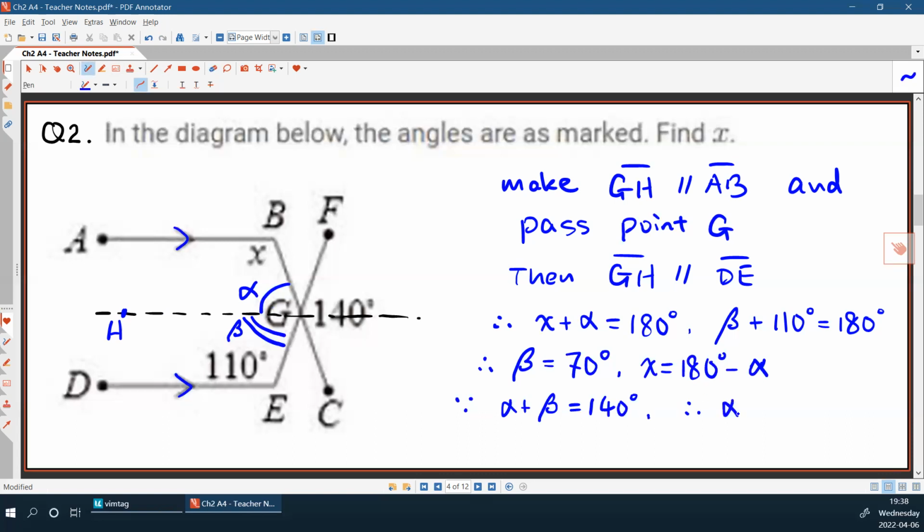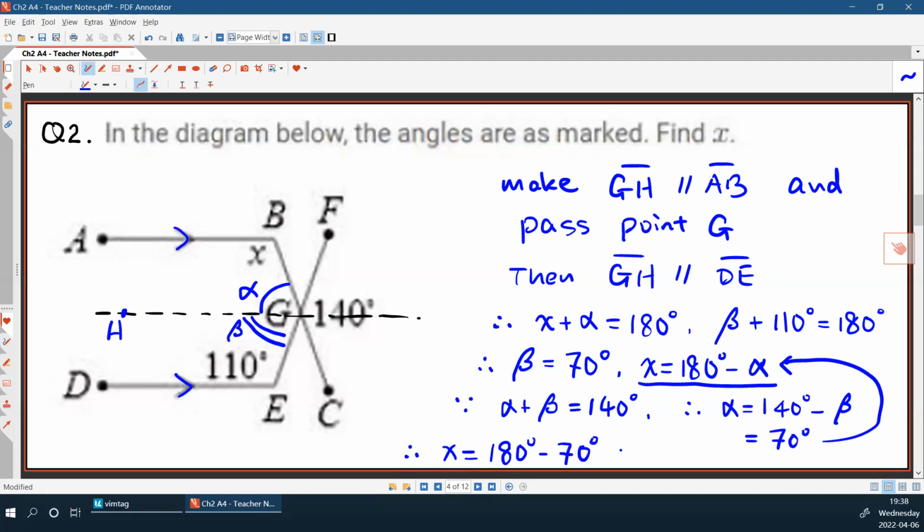Therefore, alpha equals 140 degrees minus beta, which is 70 degrees, so alpha is 70 degrees. Therefore, x equals 180 degrees minus alpha, which is 70 degrees. Then x is 110 degrees. Have a look at this question and let me know if you finish.